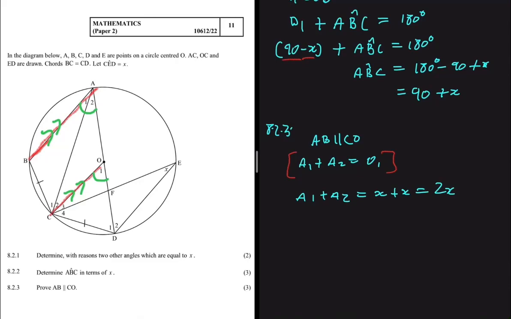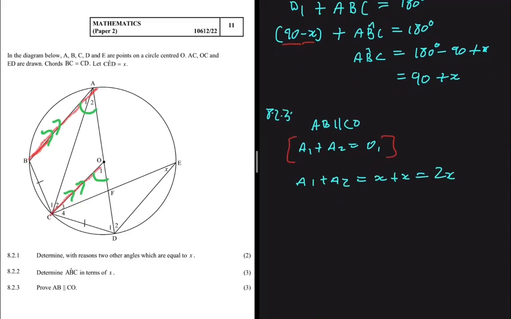But if you look here, you will realize that O1 is an angle at the center, and it should be 2 times the angle at the circumference, right? So O1 here should be 2 times angle E, right? And angle E is x. So now it will be easy to see that O1 is equal to 2 multiplied by angle E, right? Why are we saying that? The angle at the center should be 2 times the angle at the circumference, right?